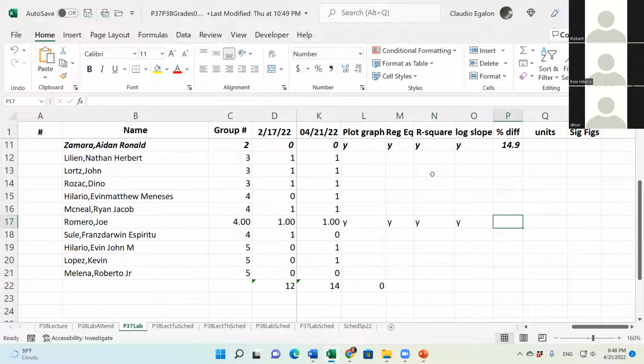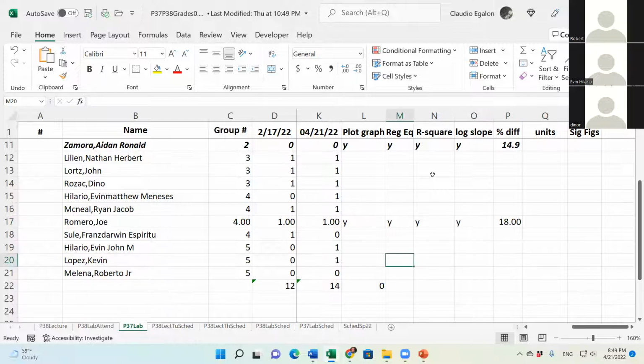What's the percentage difference you're getting? 18 points. Okay, that's a little bit high, but that's okay. What are you working on right now? Are you working on the units? Are you working on the significant figures? Trying to figure out the units. Okay, good. Nice to know.